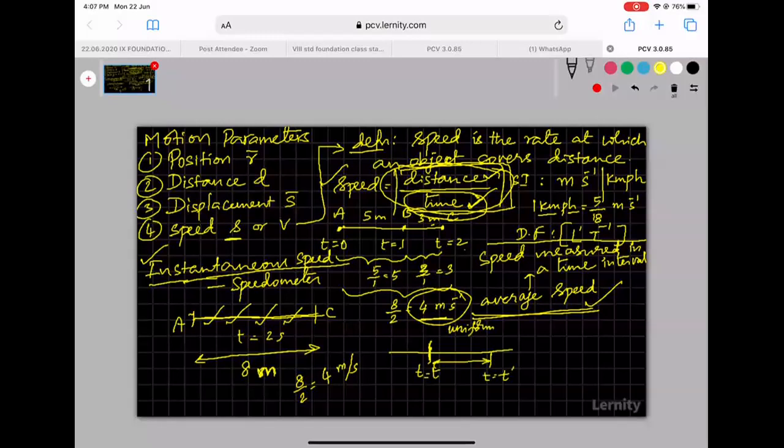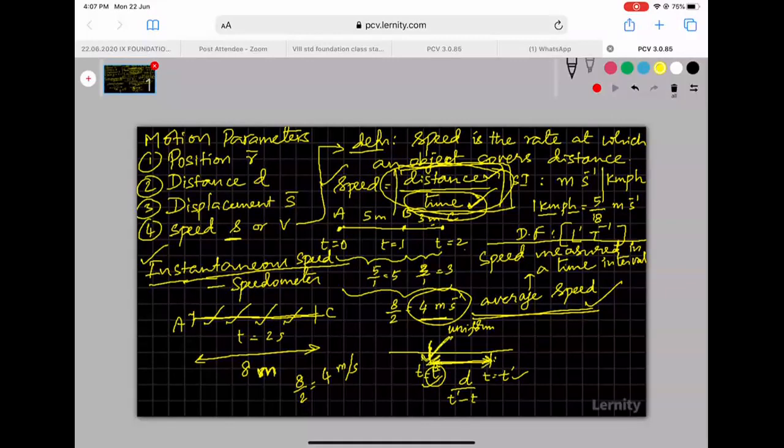Then if you measure the average speed in this time interval, it is as good as measuring instantaneous speed at time instant t. How do we measure average speed? Measure the distance, calculate the time taken. Time taken would be final instant minus initial instant, t dash minus t. So d divided by t dash minus t gives you average speed during this interval. And because the speed did not change in that interval, the average speed is nothing but the instantaneous speed at t equal to t. That's how you do it.